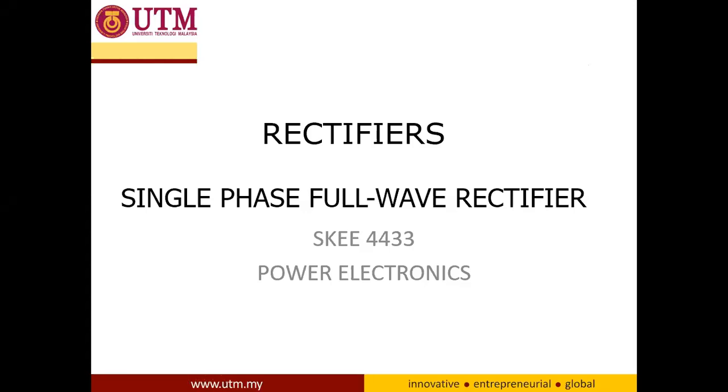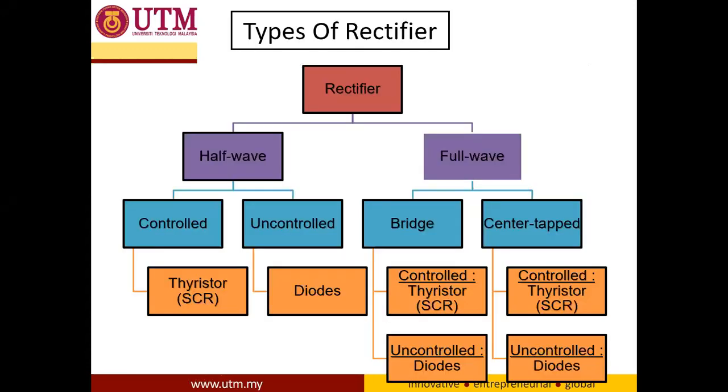So this is the lesson for single phase full wave rectifier, SKE 4433 Power Electronics. In the first part of this topic, we have already discussed the half wave rectifier.